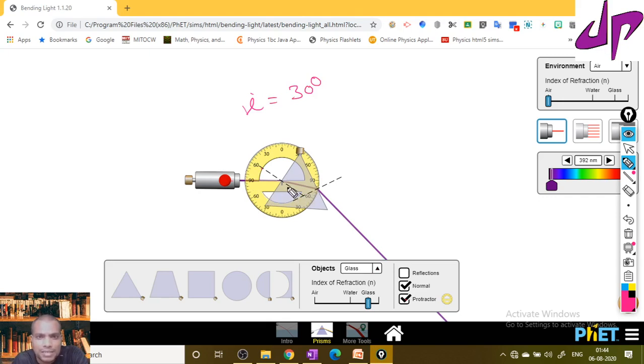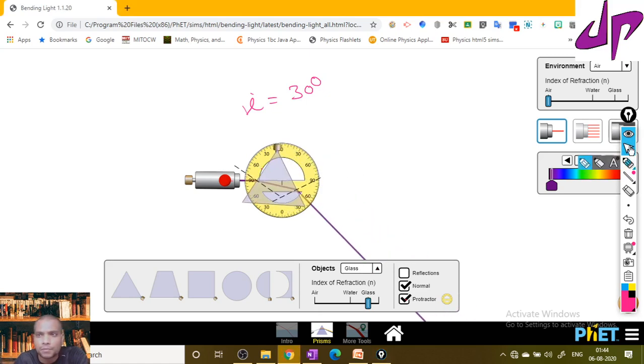Similarly, we can measure the angle of emergence also. Suppose I take the protractor, rotate it, and take this as the normal, and rotate it a little to 90 degrees.